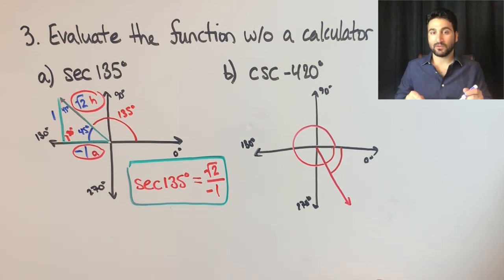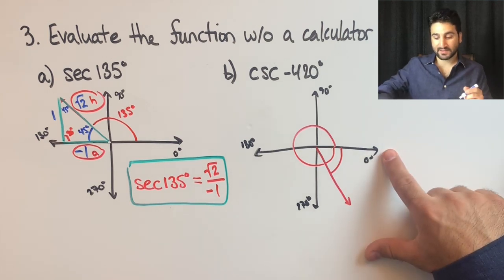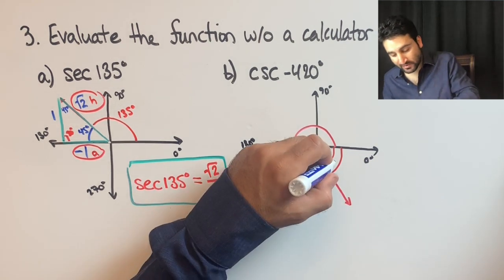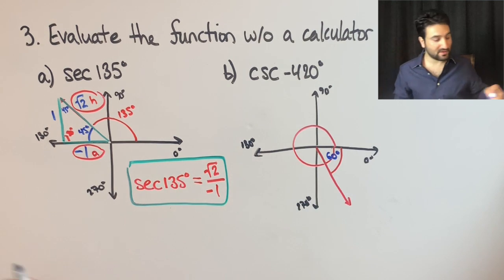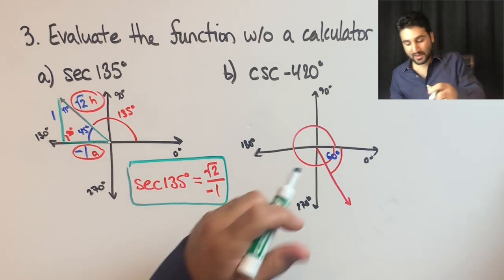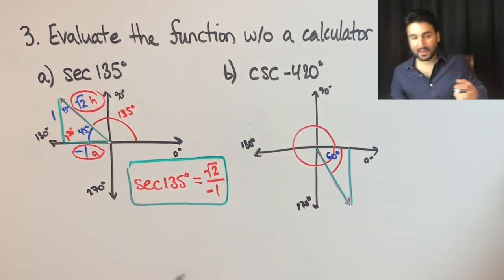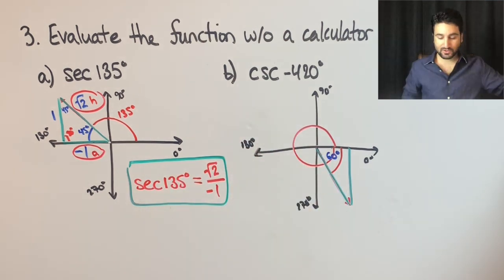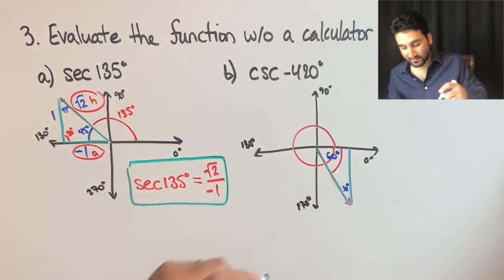Even though it's negative 60 degrees, remember the whole goal of this is to find the reference angle, the angle between this line and the nearest x-axis. So we are actually going to just call this 60 degrees and create a right triangle out of this. If this is 60 degrees and this is a right triangle, this has to be 30 degrees.